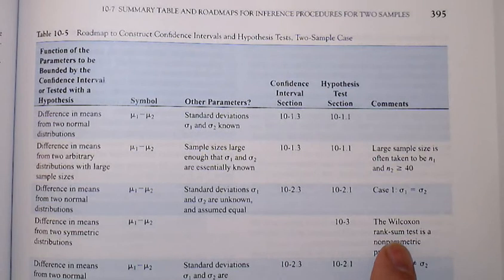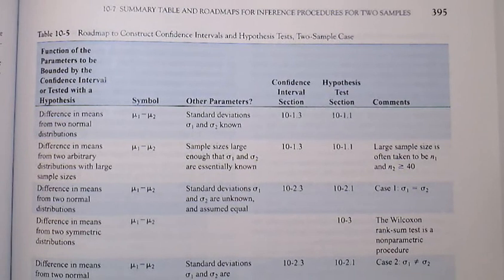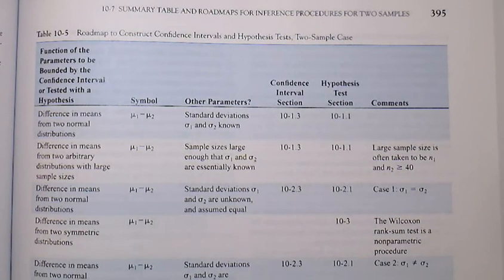So for the purpose of the class, you don't have to worry about this one, but from a big picture purpose, you might want to look at that in case you ever want to do something that fits the Wilcoxon rank sum test, in this non-parametric approach. Non-parametric just means can't use the parameters that we normally have been using. And the list goes on for 4 or 5 more.